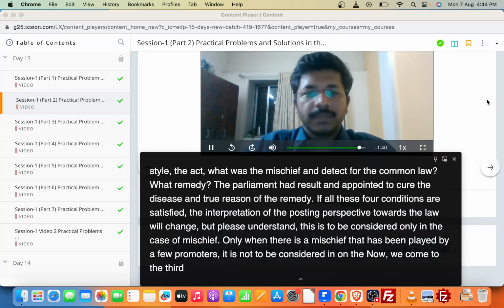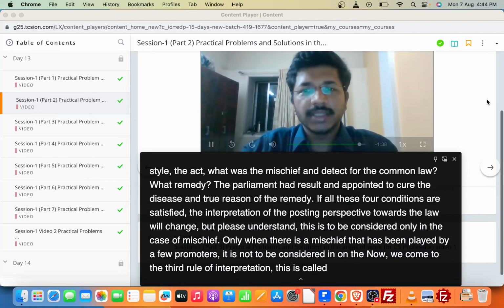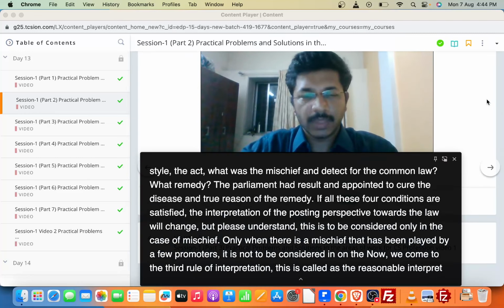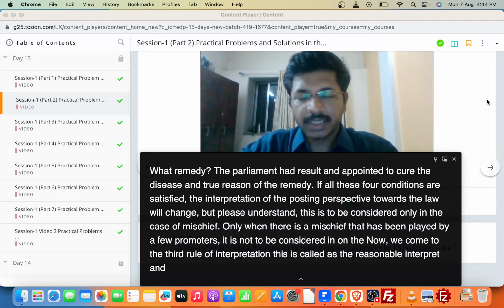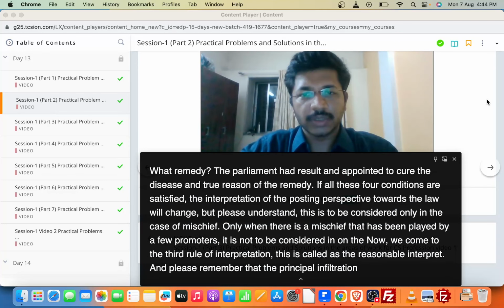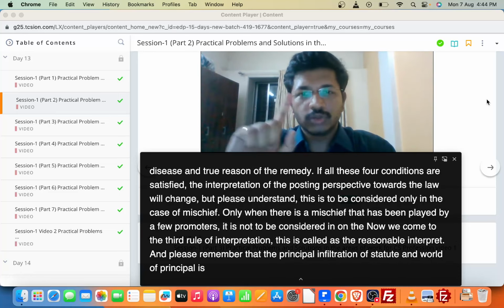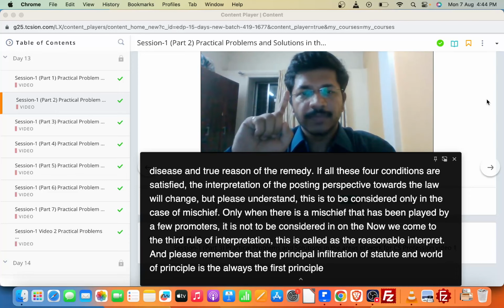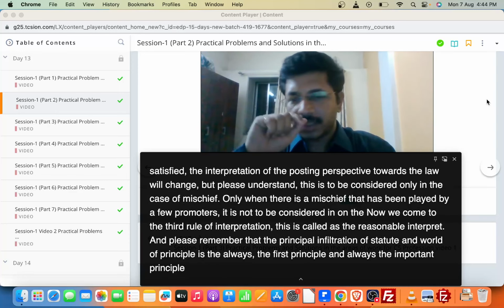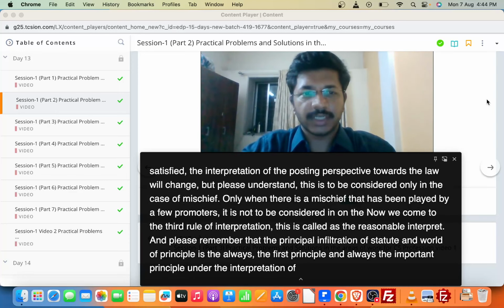Now we come to the third rule of interpretation. This is called the reasonable interpretation. Please remember that the principal interpretation of statute and the golden rule of principle is always the first principle and always the important principle under the interpretation of statutes.